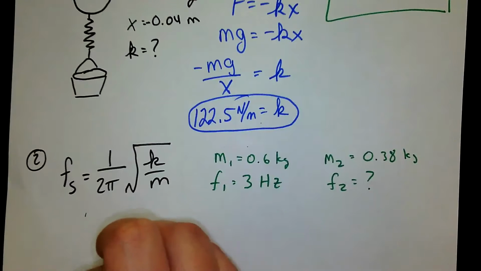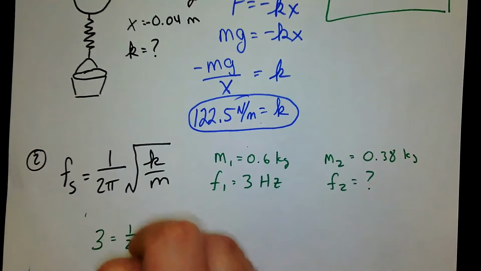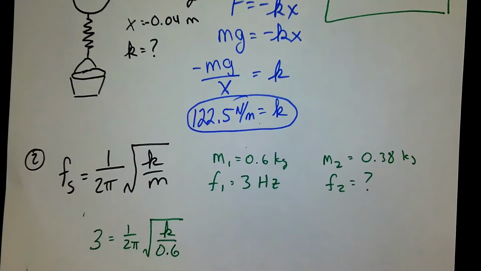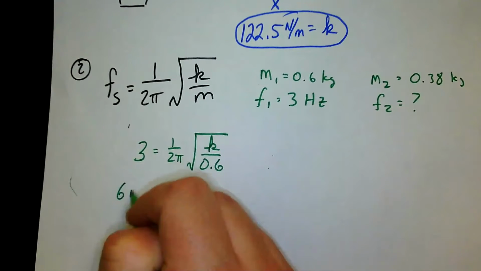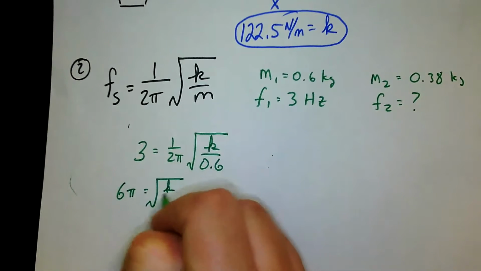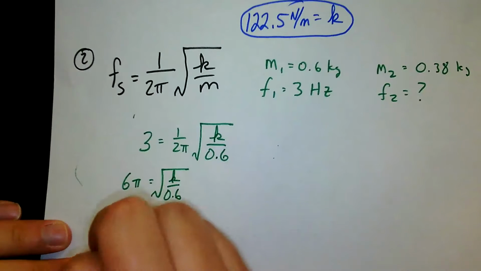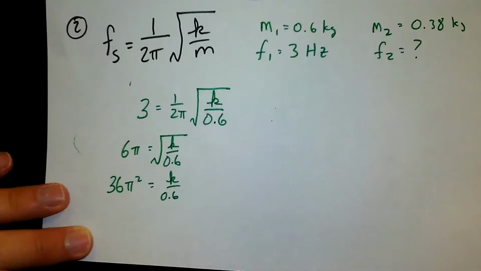So let's see here. If I plug in, I got 3 equals 1 over 2 pi square root of K over 0.6. And there's a little bit of math you've got to do, but 6 pi equals square root of K over 0.6. So 36 pi squared equals K over 0.6.